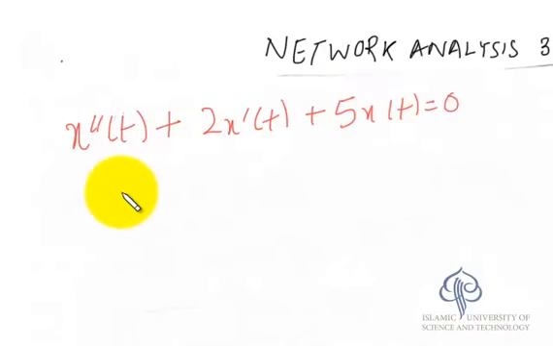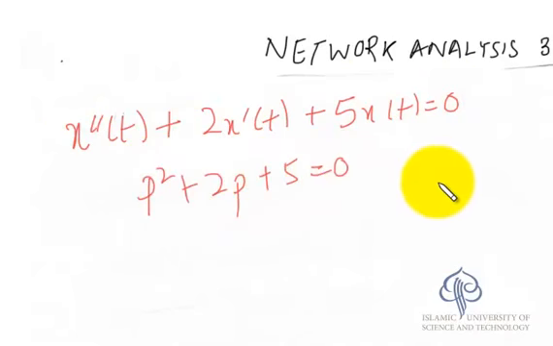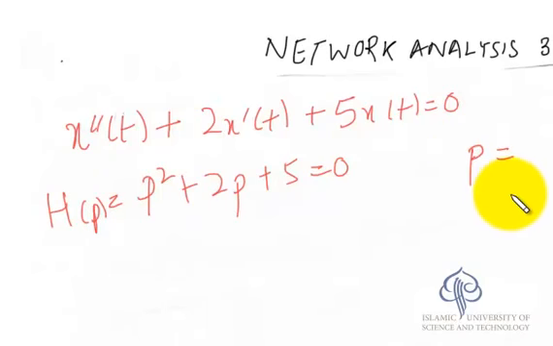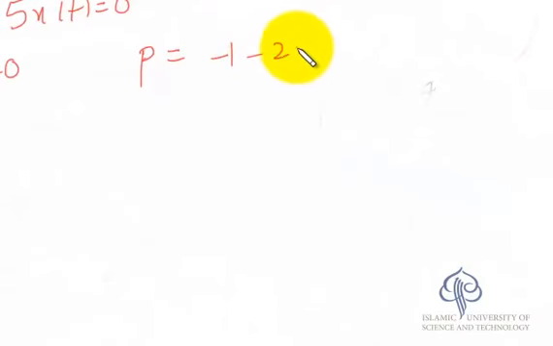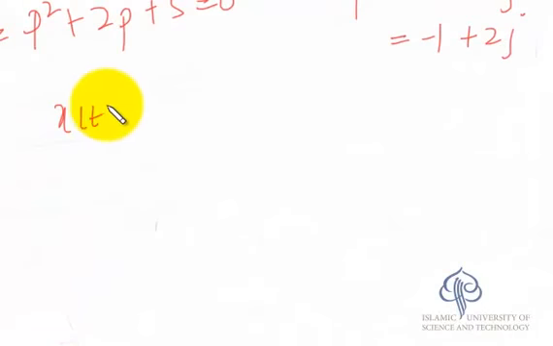We write down the characteristic equation p square plus 2p plus 5 is equal to 0, and the roots, if you factorize this, are minus 1 minus 2j and minus 1 plus 2j. So you can write down the solution x(t) to be m1 e to the power sigma t, where sigma is minus 1, so e to the power minus t.